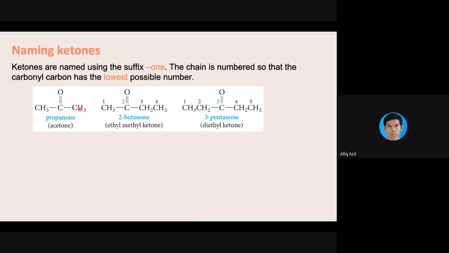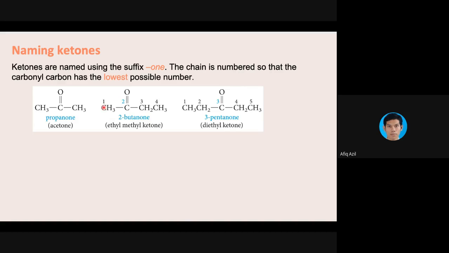Instead of propane, it will be known as propanone. This one is equidistant, meaning if you start numbering from here, it will still be the same: 1, 2, 3, 1, 2, 3. From the left or from the right, it will still be the same number.